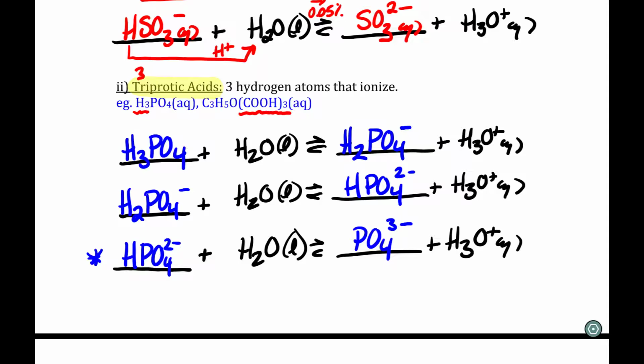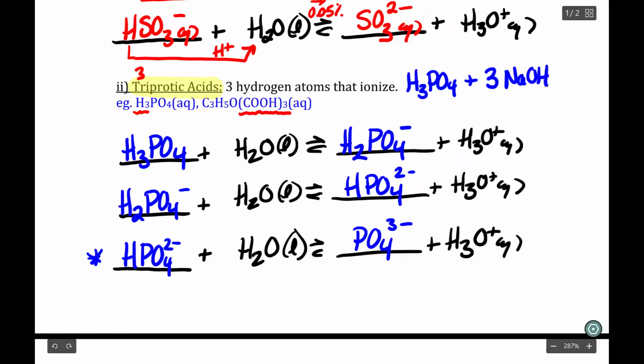Where it's really going to act as a triprotic acid is if I was to neutralize H3PO4 and I added to it 3 times NaOH, the hydroxide would have the ability to remove all 3 hydrogens for sure, whereas these are just showing ionizations, or the 3 possible ionizations of each hydrogen in H3PO4.